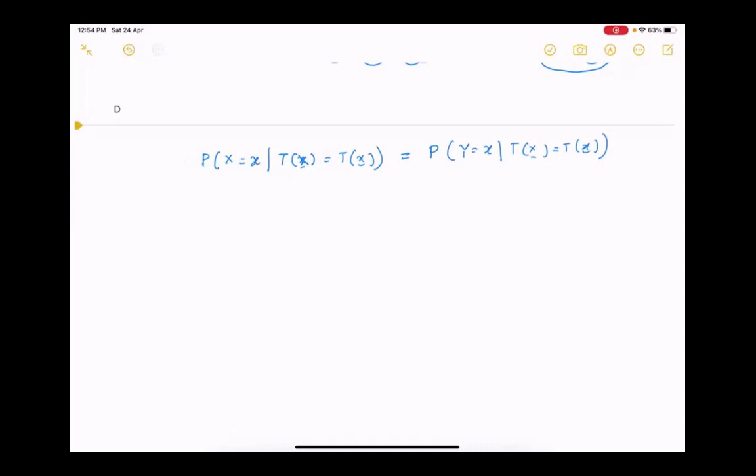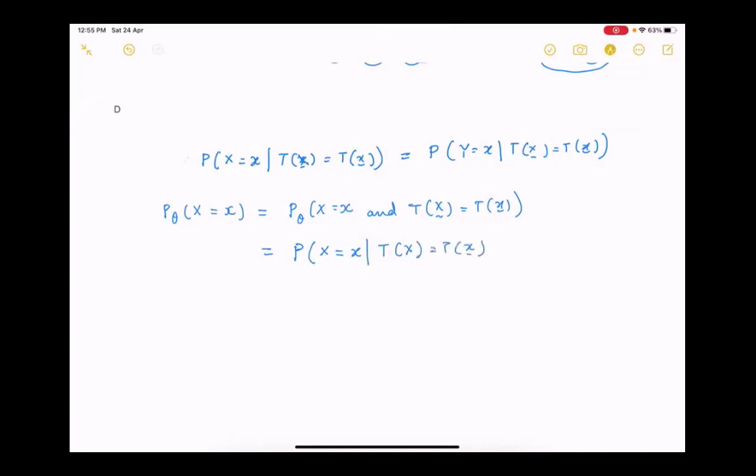Now, if I start from here, P theta of X equal to small x and Tx tilde equal to T of small x tilde, I can write it as the probability of X equal to small x given Tx equal to T of small x, times P theta of Tx equal to T of small x.